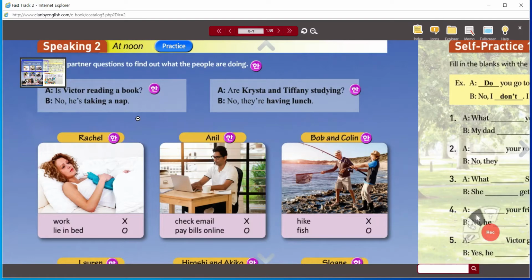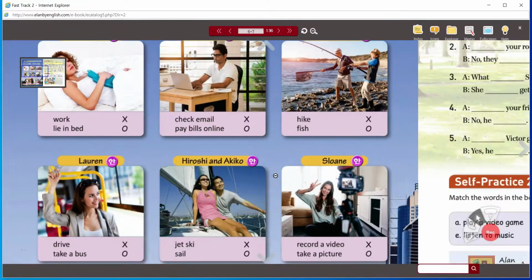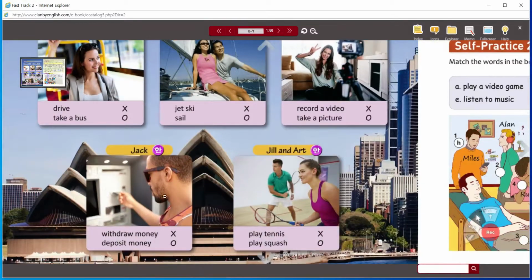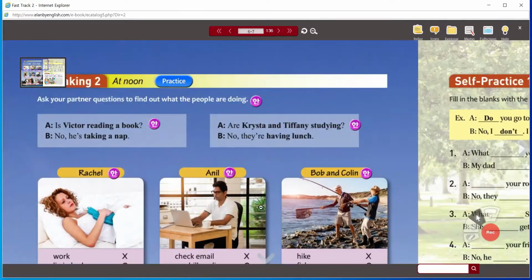So she's not working, she's lying in bed. She can't do both at the same time. I'm going to let you do the other, talk about the other people in this activity. You and your partner can switch every question. And when you're finished, so just pause it while you do the activity. And then when you're finished, we'll go over the answers and see how you did.